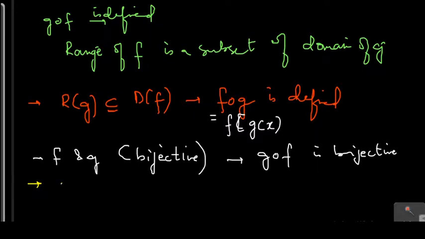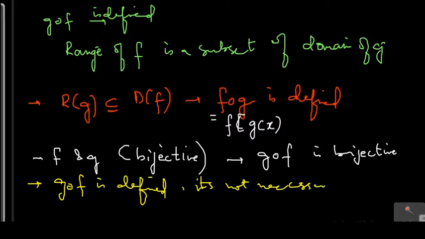Yes, what I just told you: if g of f is defined, it is not necessary that your f of g is also defined, okay. You can also say it may be noted that g of f may be defined but f of g is not defined, or vice versa, f of g is defined and g of f is not defined.